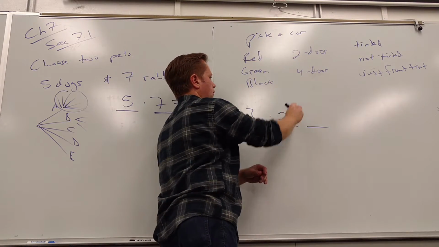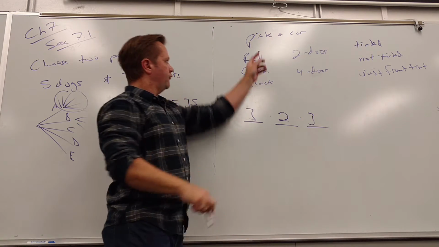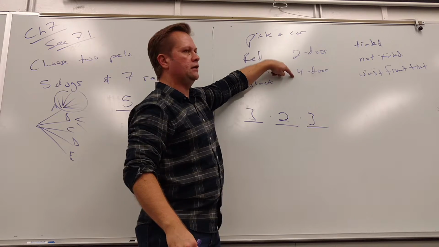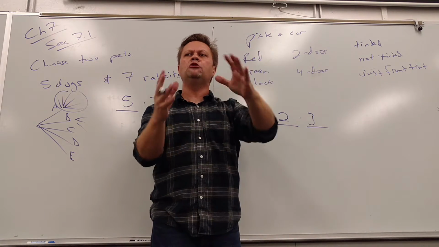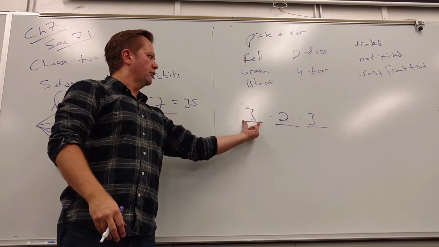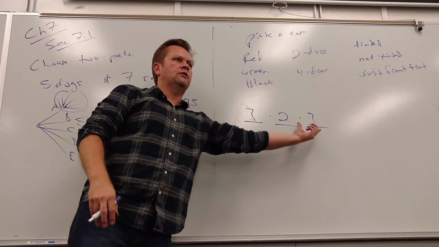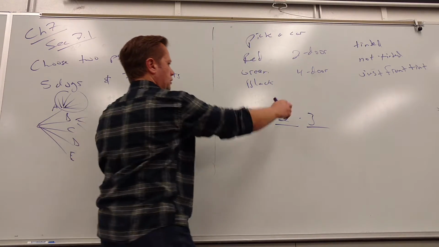For every one of these there are 2 of these, and for every grouping of those there are 3 of these. That's why it's counting. It's called the fundamental counting principle. You take the number of options times the number of options times the number of options, for however many things you're going to pick from. So you get 18.